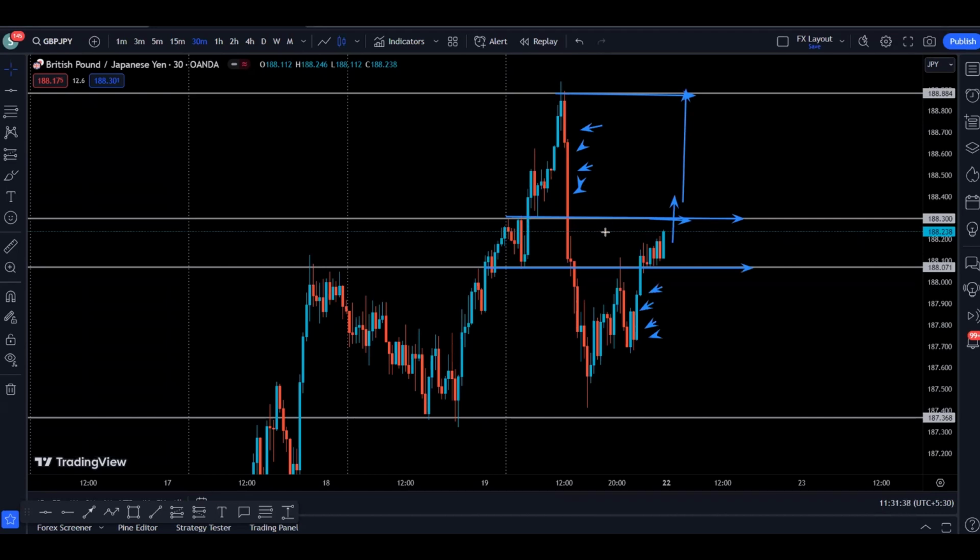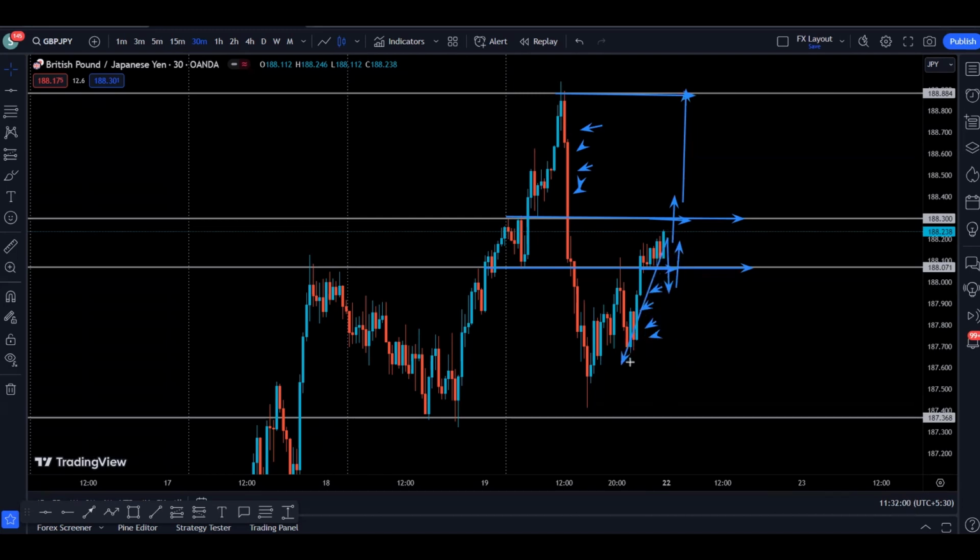So there will be a few confluences that will make us think that okay, the price is going to go bullish. But if we get a closure below this level, I may not take the breakout short, because that can be a fake out and the price can close back into the range. Instead, I will wait for the price to come down.